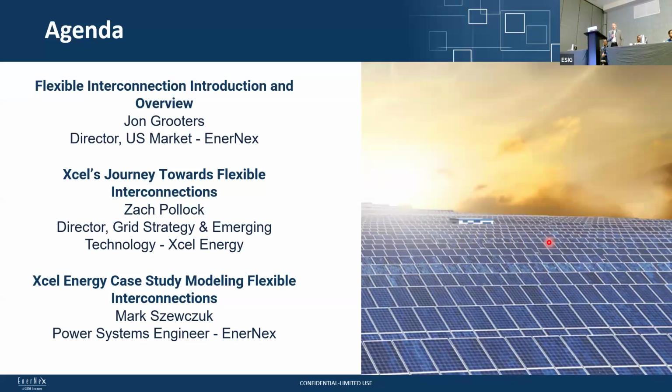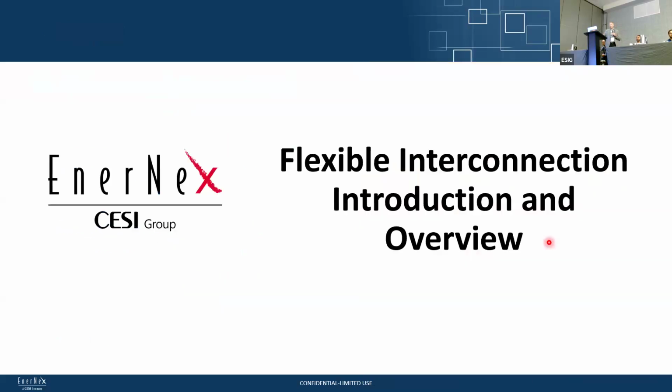And then finally, my colleague Mark is going to talk about a case study working with distribution modeling and how to model it to look at a particular flexible interconnection example.